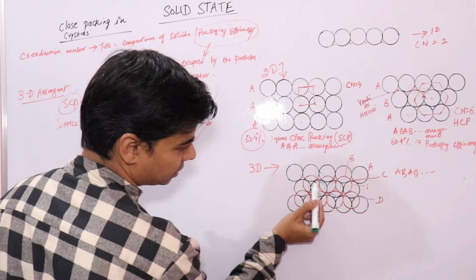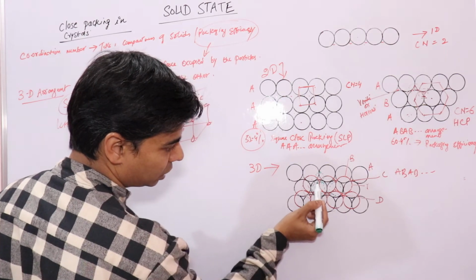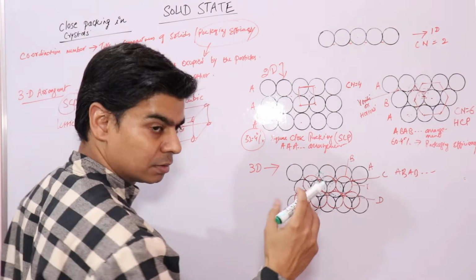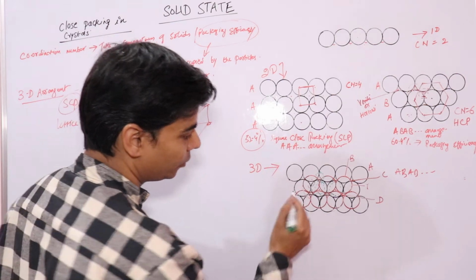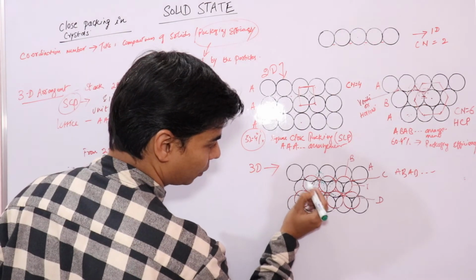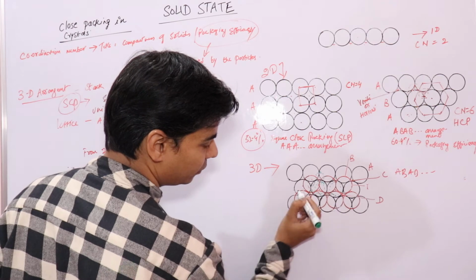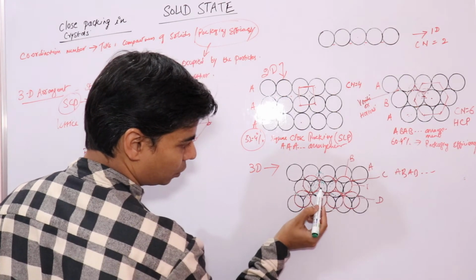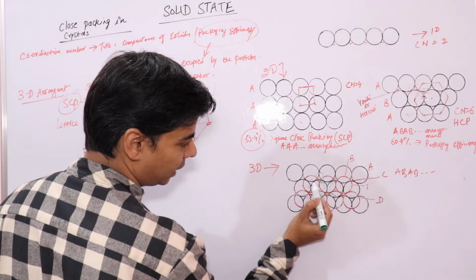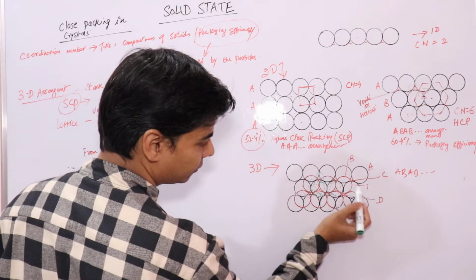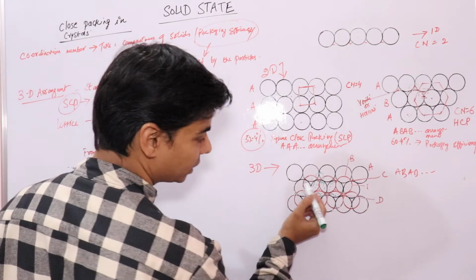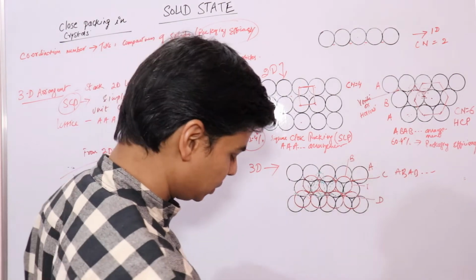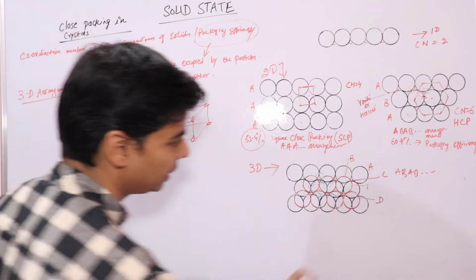That is, if I put the sphere onto this void, it will align with the first layer, with the middle row. If you look at this, the middle row, if I put the sphere onto this void, it will align with the spheres in the first layer.